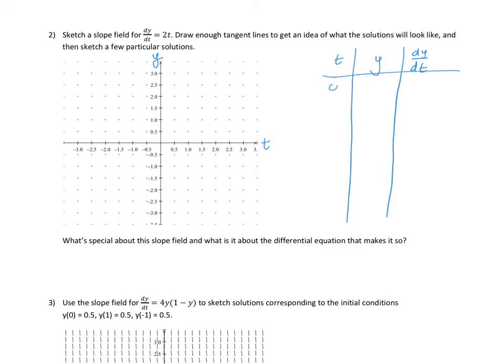We'll start with 0, 0. If you plug in 0 for t and 0 for y, dy/dt, which is 2t, is 0. So that's a horizontal tangent line, a tiny little horizontal tangent line there.